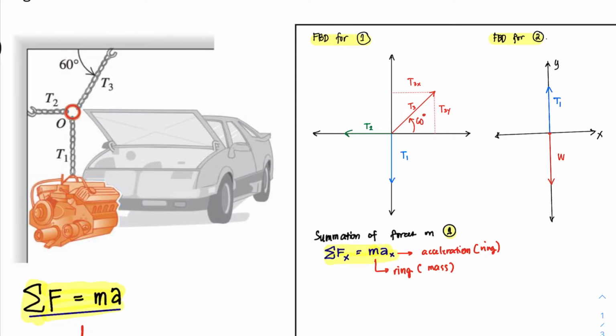Right? So one of the things that you should remember is that in this equation, the sum of the forces along x is equal to m a_x. The m that you are referring to will always be the mass of the body from which you are getting your free body diagram. And the acceleration is the acceleration of that mass.